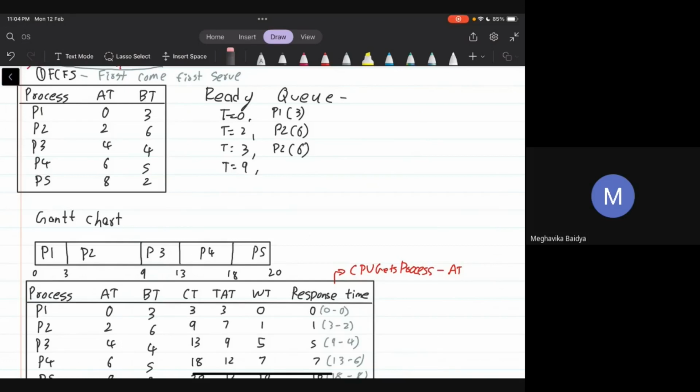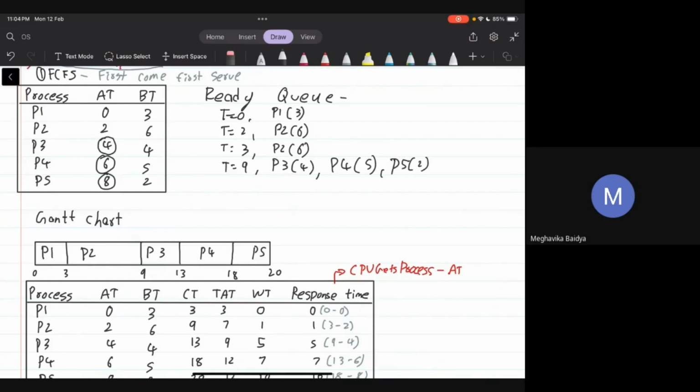Now you can write the other processes that came between 3 and 9. P3 came at 4, P4 came at 6, and P5 came at 8. Since P2 is finished, you can write P3 of 4, then P4 of 5, and P5 of 2.